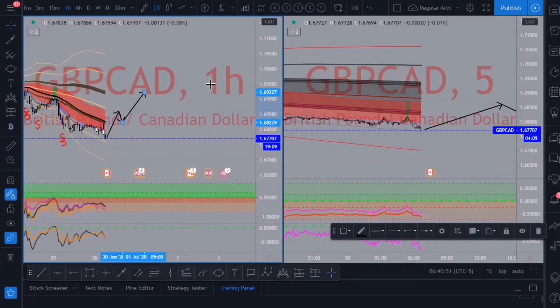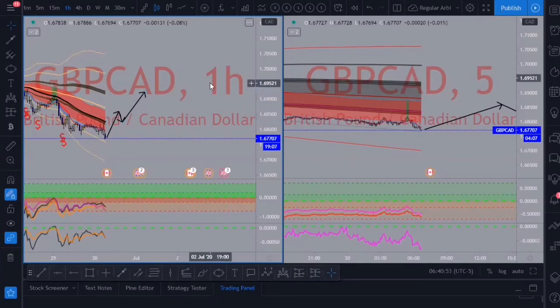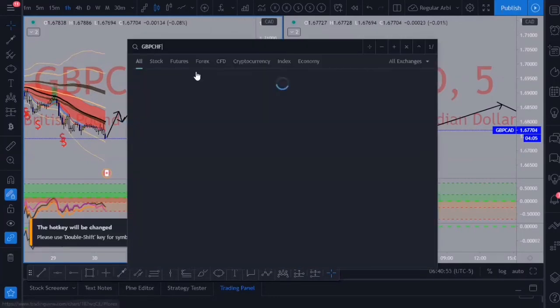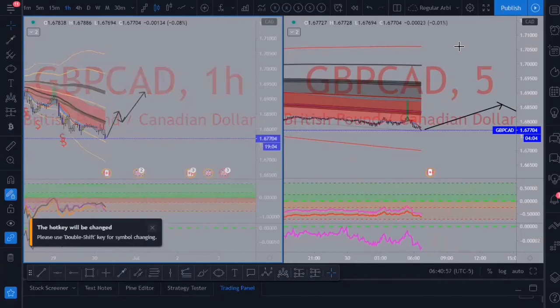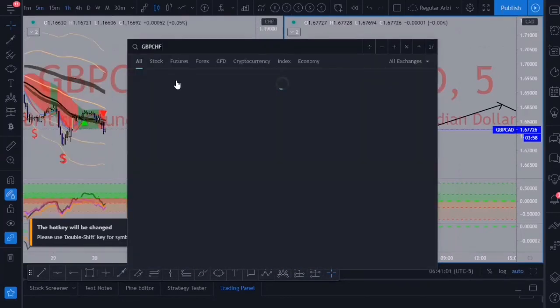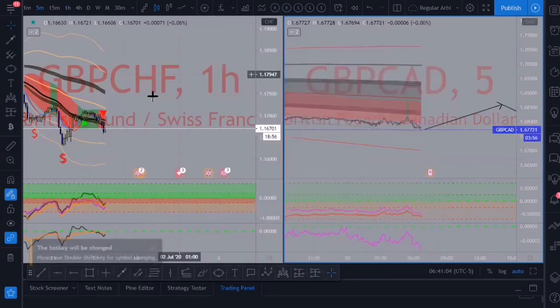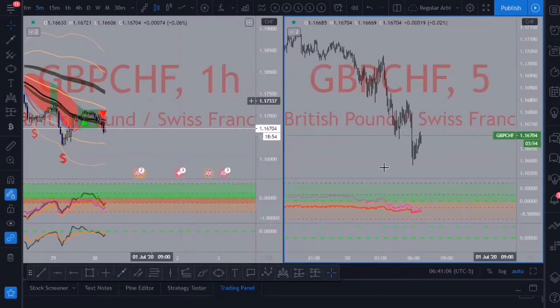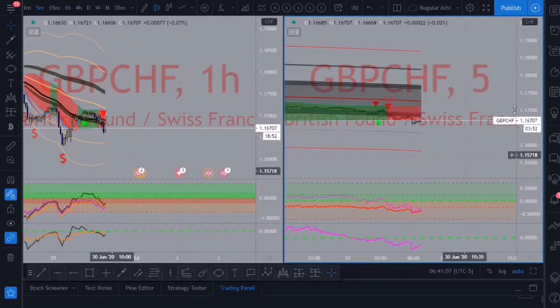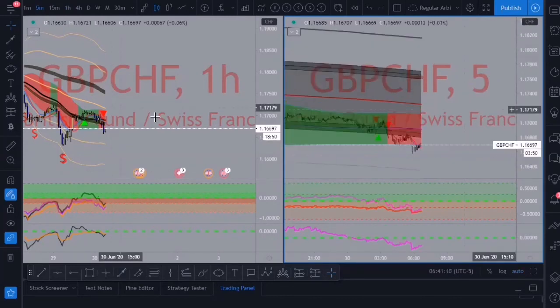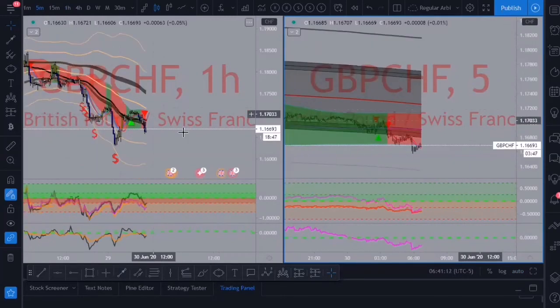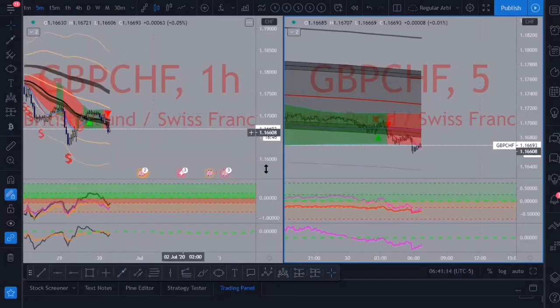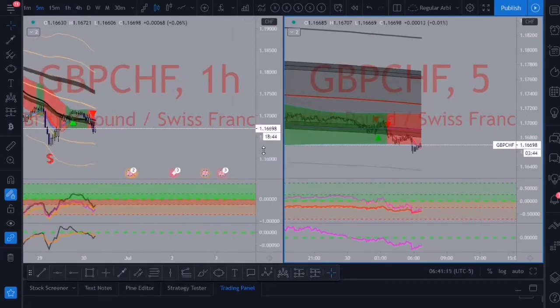Just go on to GPCHF. And like I said, I'm pretty sure all the other G pairs are doing almost the same thing. Yeah, GPCHF is actually calling for that sell. I don't even look at GPCHF in general, but it's just called for the sell.